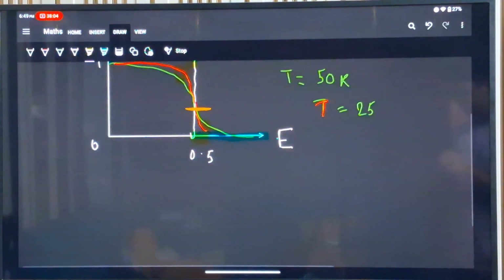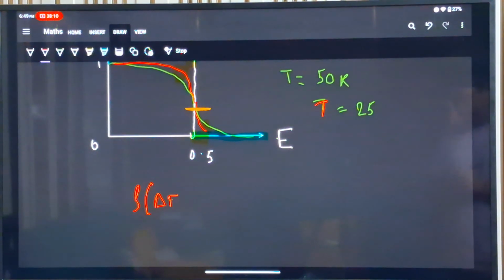So I hope you understand what is the meaning of complement. So if I take f of, let's say, EF plus del E, sorry, I just made a mistake. This will be del E plus EF.